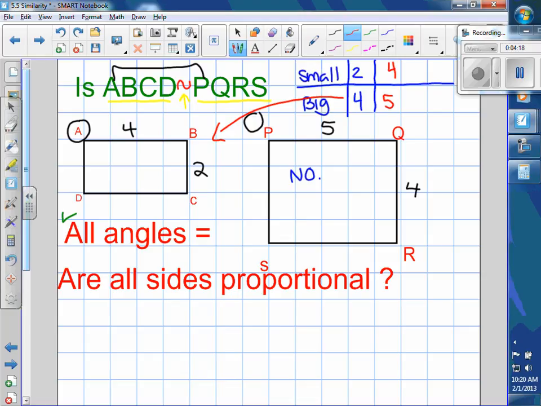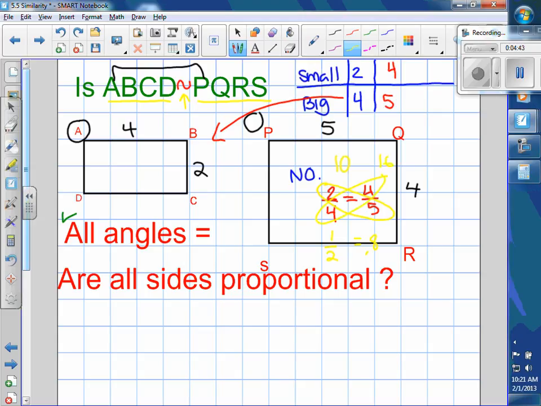Do you see that? So if these were proportional, this would have to be true. And 2/4 isn't the same as 4/5 because this is a half, right? And that's 0.8. So one quick way to show it is do something called the cross product. What's 2 times 5? 10.